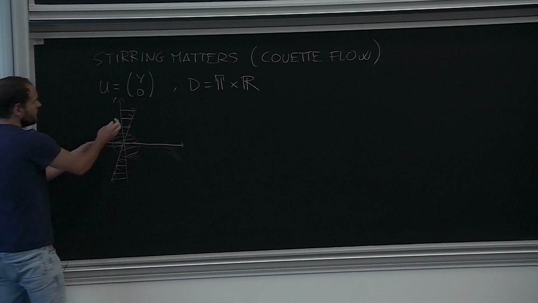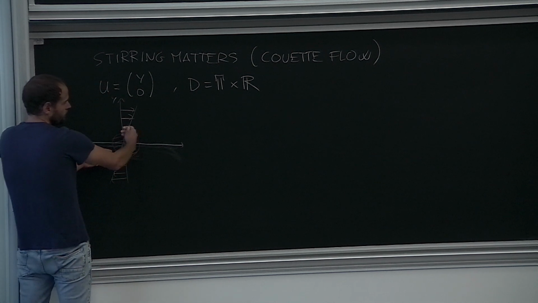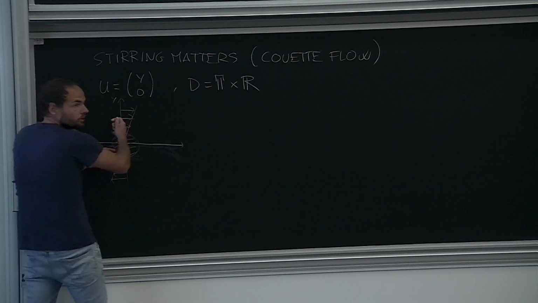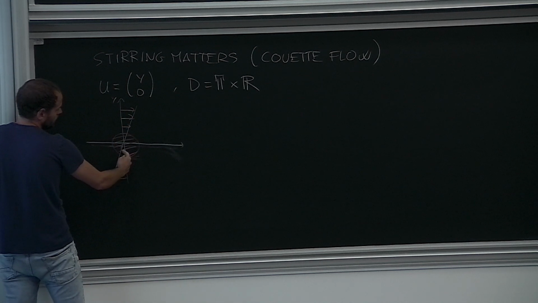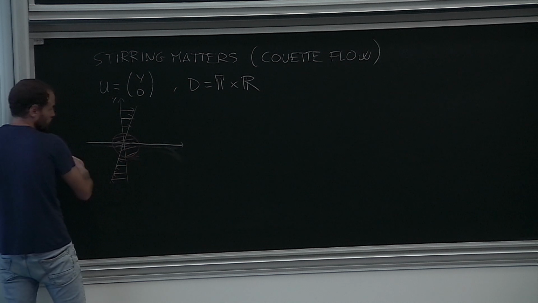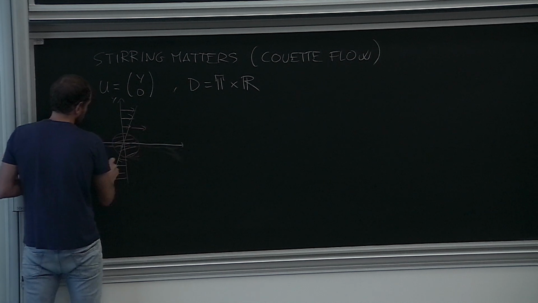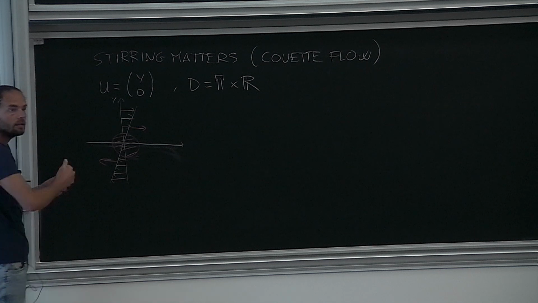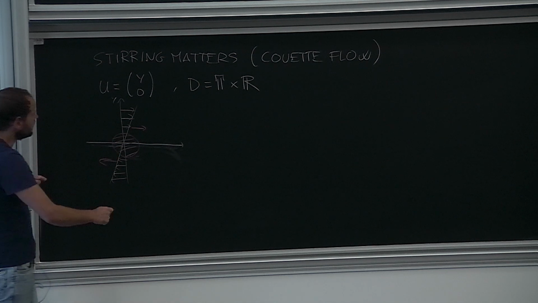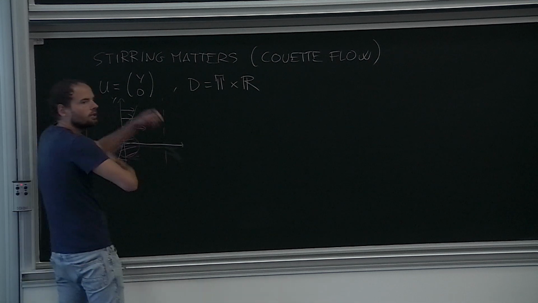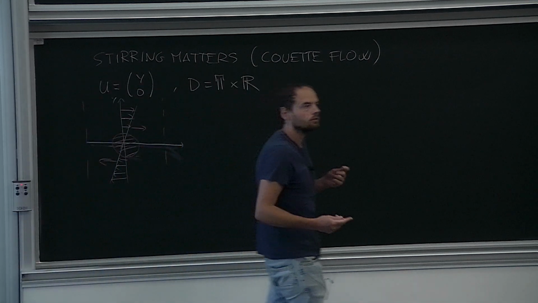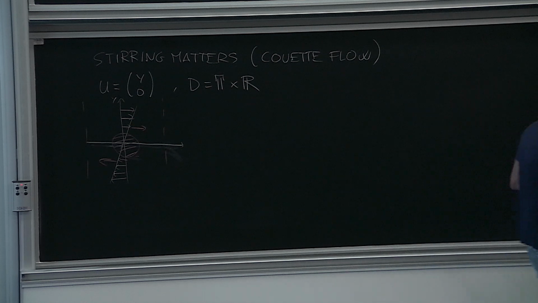What happens is the particles above the x-axis will be stretched this way, and below the x-axis will be stretched this way. Something like that. And then because I'm periodic in x, I will just wrap around the torus.